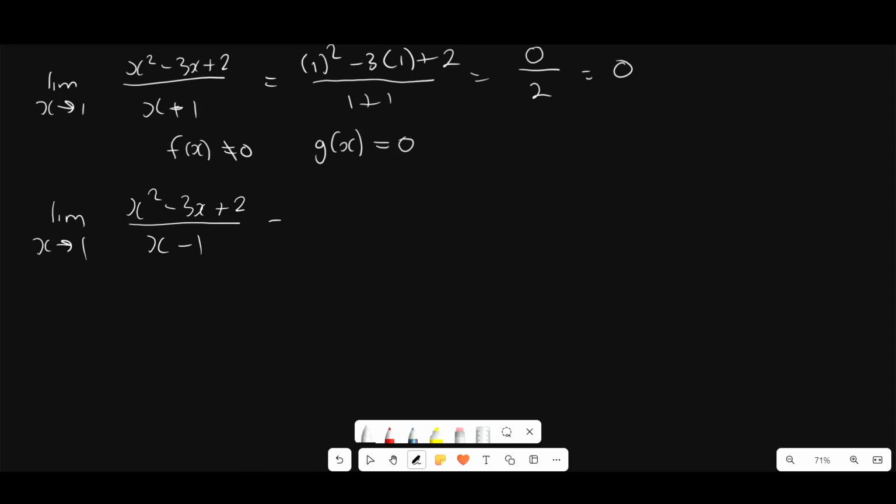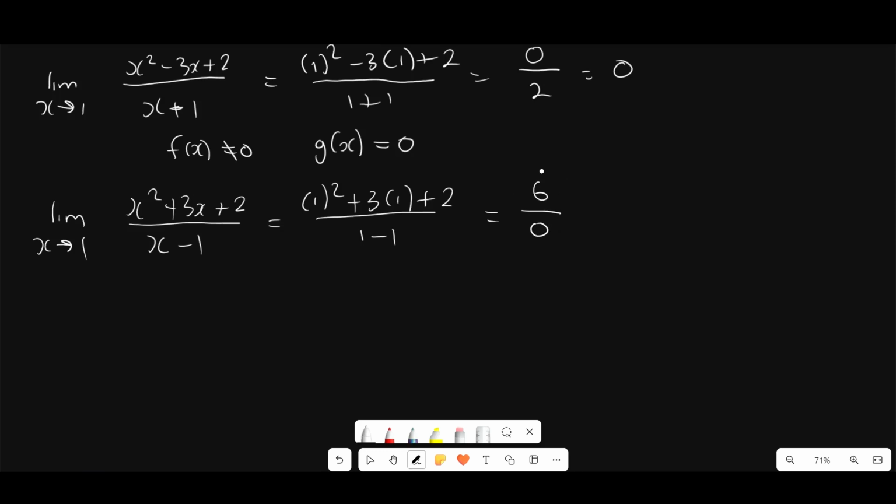Go ahead and substitute the 1. So you have 1 squared plus 3 times 1, then plus 2, all divided by 1 minus 1. On top I'll have 1 plus 3 is 4, plus 2 is 6, all divided by 0.